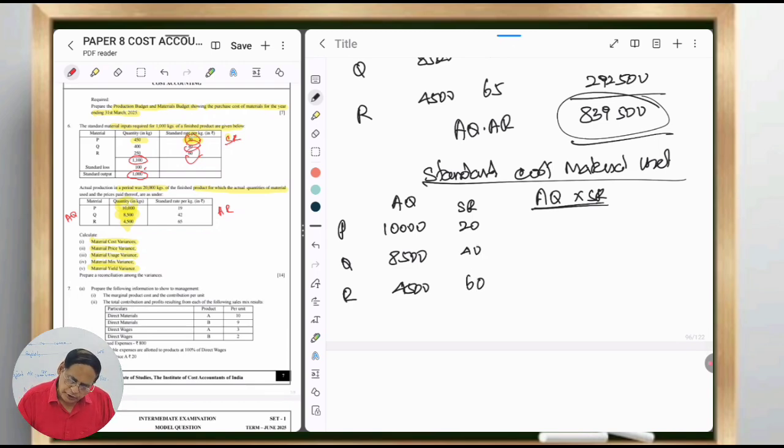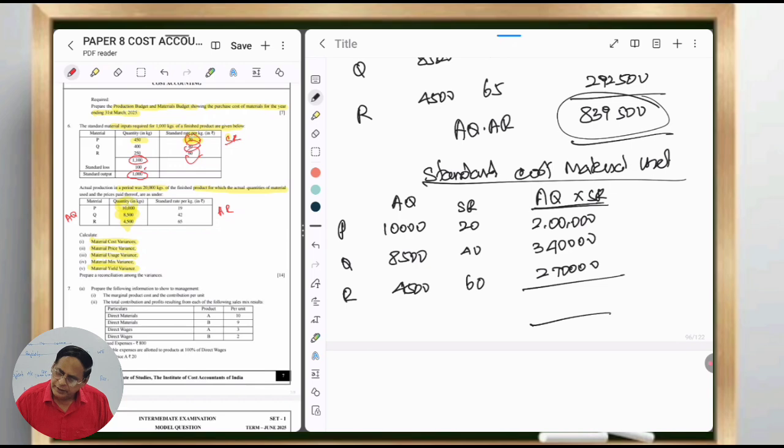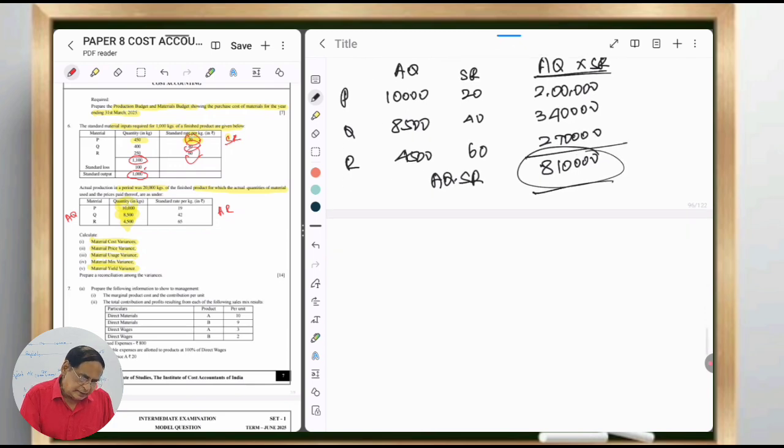So 10,000 into 20 is 2 lakhs. 8,500 into 40 is 3,40,000. And 4,500 into 60 is 2,70,000. So 2,70,000 plus 3,40,000 plus 2 lakh is 8,10,000. That is called AQ into SR.